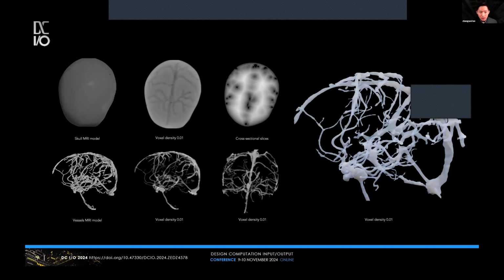And then I downloaded some MRI scan data from a more scientific website, which has a lot of free information and data stored on it, and I tried to use that data to visualize the brain vessel MRI model using a similar procedure.